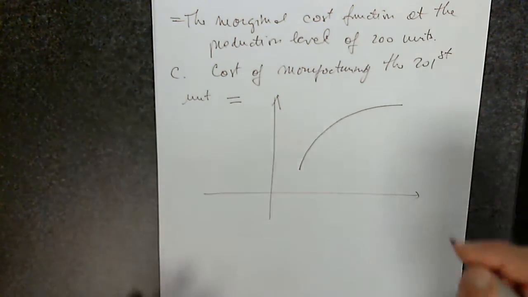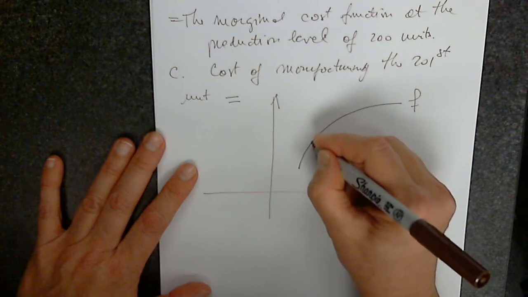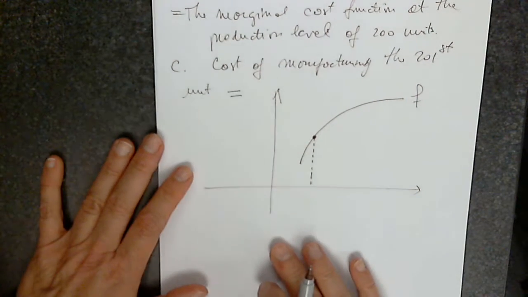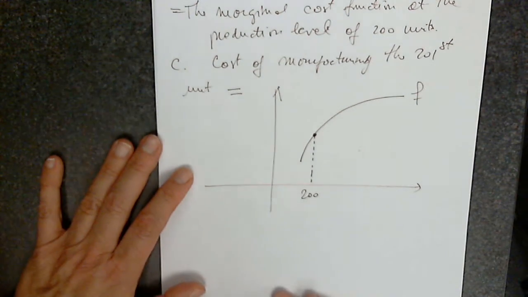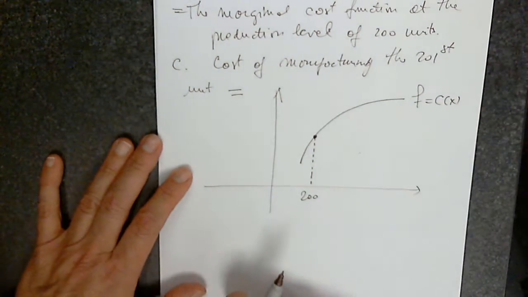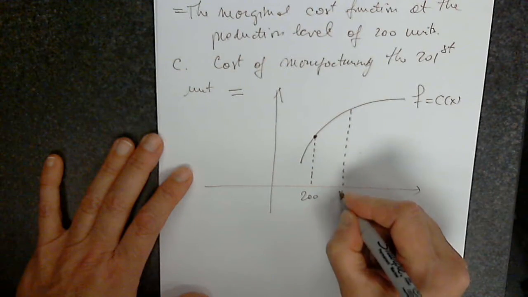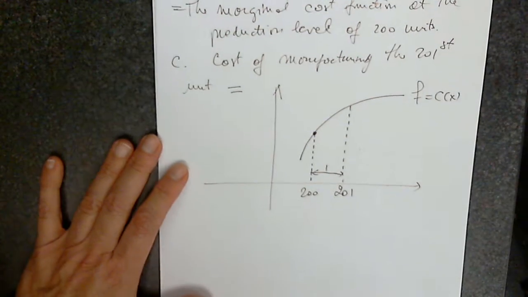So here's a function. This is 200. Maybe I should just put C of x. This is 201, and this, of course, is 1 unit.